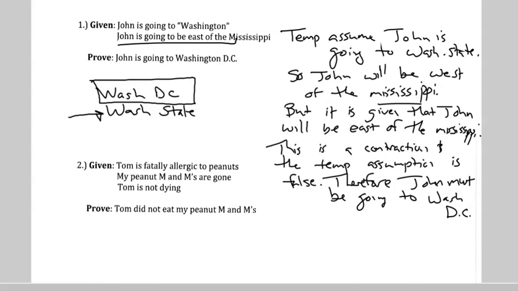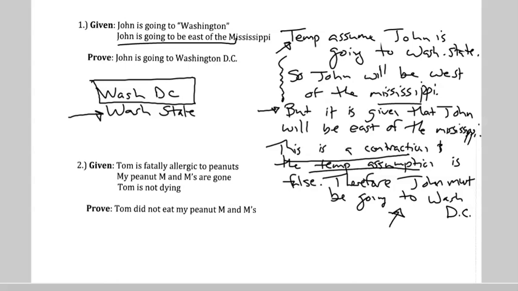So the most important things here are you temporarily assume the opposite of what you're trying to prove. You run through logic and find a contradiction with something else that's been given. For example, here, he would have had to be west of the Mississippi, but it was given that he was east of the Mississippi. You then state this is a contradiction, temporary assumption is false, and then you would just go over and state the only other option.